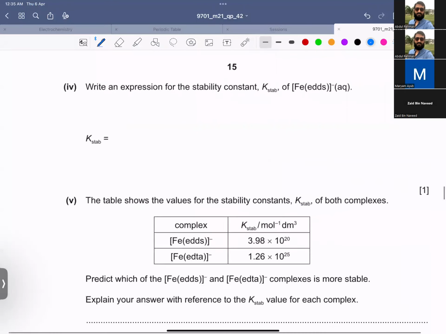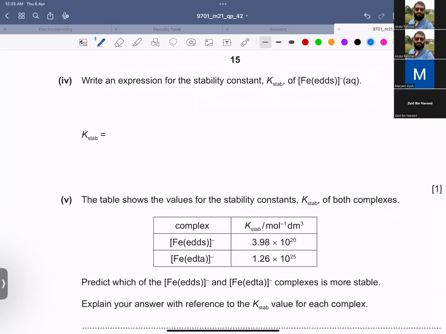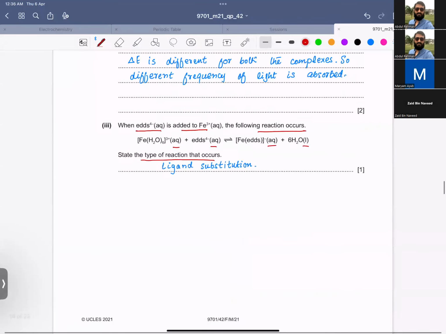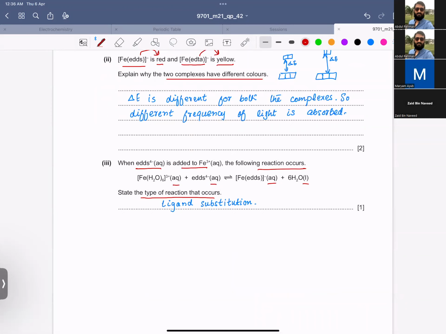Now, next part. Write an expression for the stability constant K step for FeEDDS negative. Here, they are not referring to any equation, and okay, this is the equation.